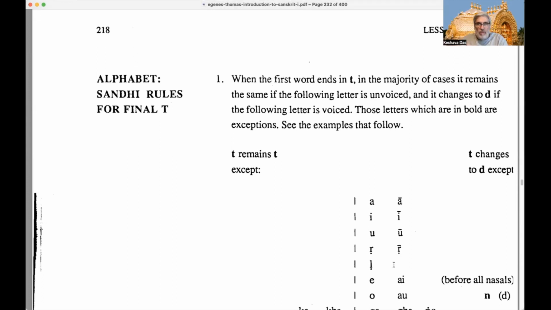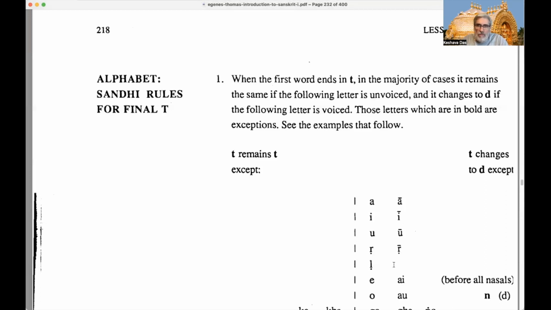And the three other vertical columns, we have, for instance, ga gha nga, cha chha ja jha nya, da dha na, ba bha ma. These are all voiced because we use more vibration of the vocal cords to pronounce them. They're also called sonants in English, and in Sanskrit, they're called ghosha.